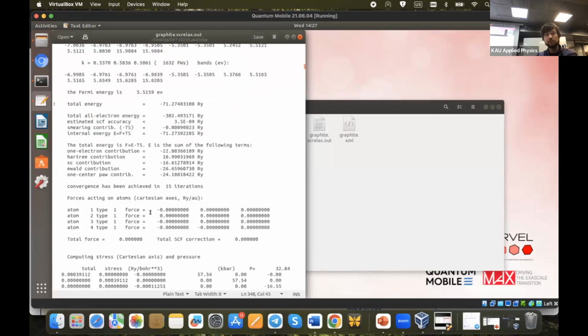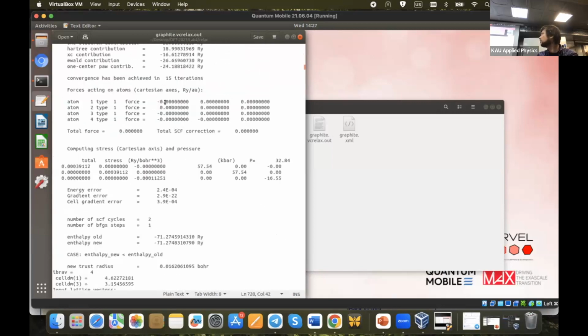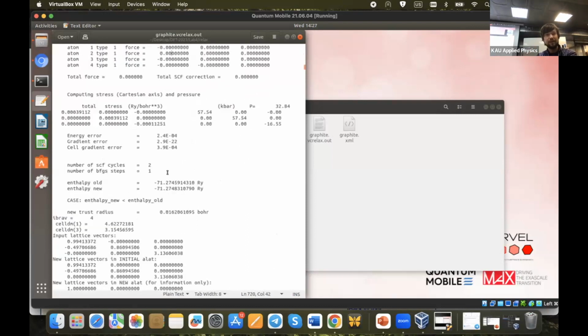Then we also compute these forces. Forces are 0, it's not interesting, but stress was changed. It was like minus 63 kilobars, but now it's 57 kilobars. So it changed by more than 100 kilobars. It was like strain, but now it's like pressure. We have made 2 SCF cycles and 1 BFGS step.